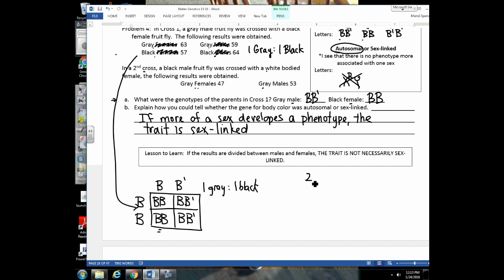So in the second cross, we have a black male, so that's going to be B, B. It's crossed with a white-bodied female, so she would be B prime, B prime. Then I would get all grays. And that's what we got. So all those offspring, 100% of them turned out to be gray.